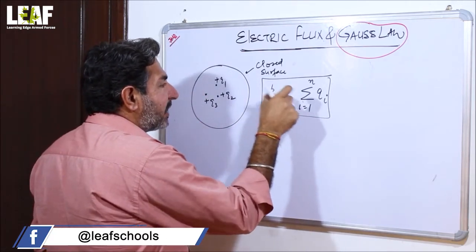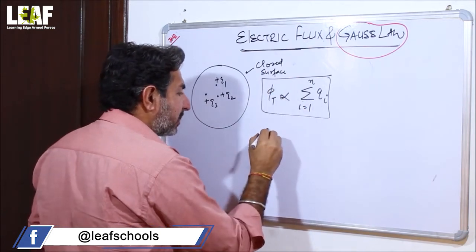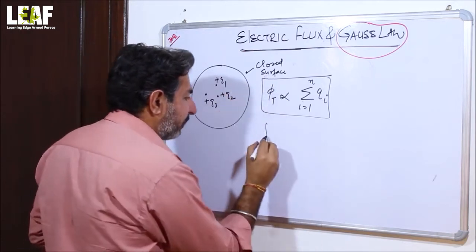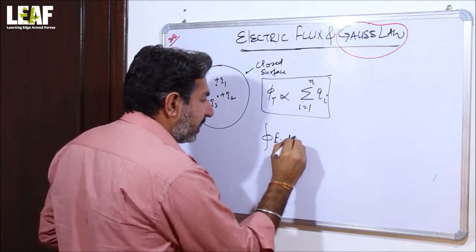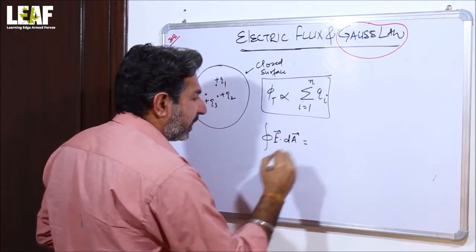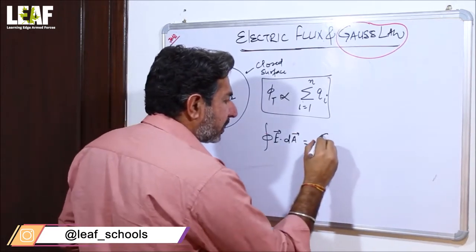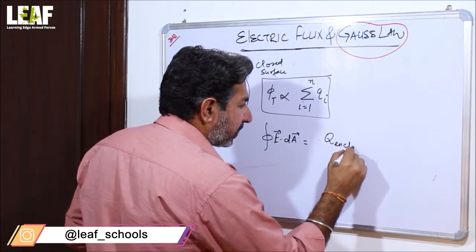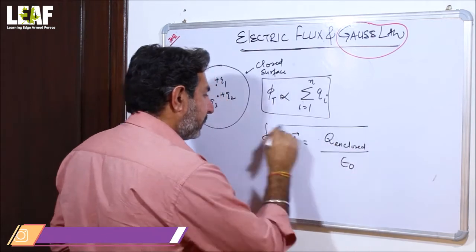And how can I represent this in the expression of Gauss's law? This is the total electric flux, and I am talking about a closed surface. So this is the closed surface. Electric flux is E dot dA or dS, we have already studied. It is equal to, now proportionality has been changed to equal to, the charges enclosed divided by epsilon naught.